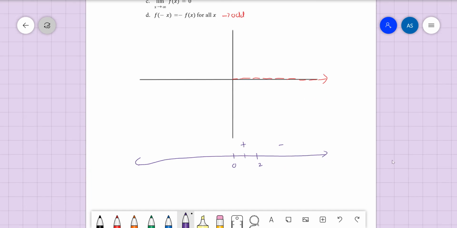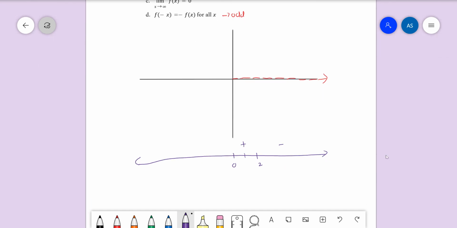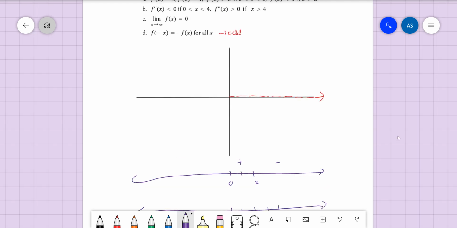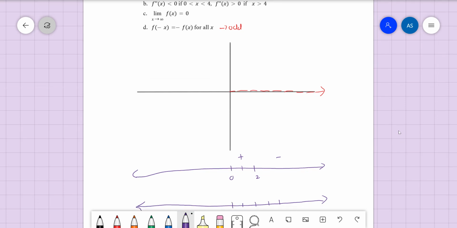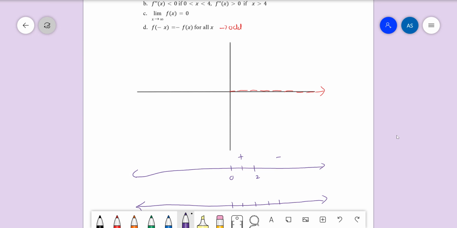Next part, I will draw another number line. This one will have the second derivative. So this one has 0, 1, 2, 3, 4. So 0, 4. And between 0 and 4, it is going to be concave down, and from 4 to infinity, it will be concave up.